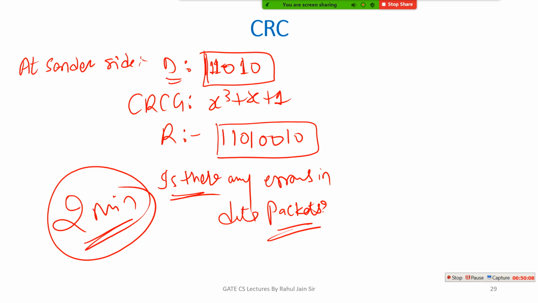Use your approach. This is the data, this is the CRC generator, and this is the data the receiver has received. Is there any error in the data packet? Yes or no? Please apply all the approaches and concepts which I have told you.